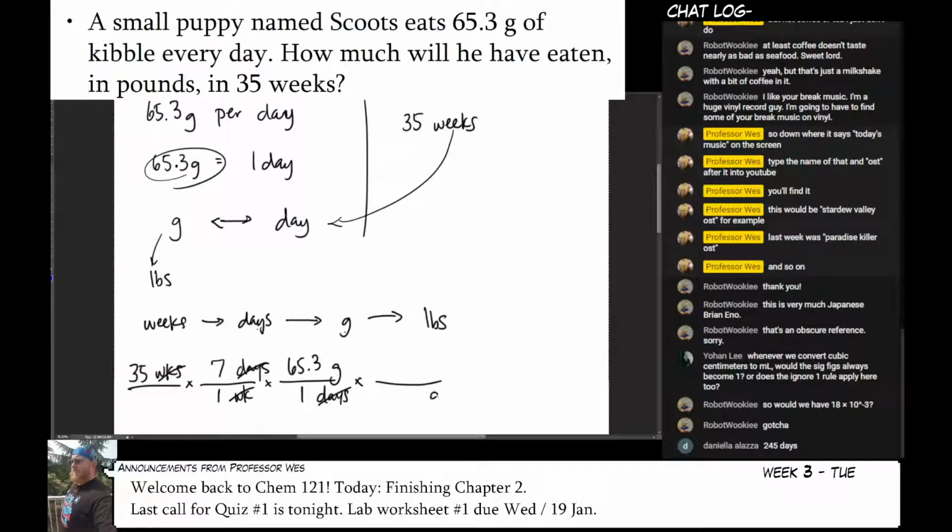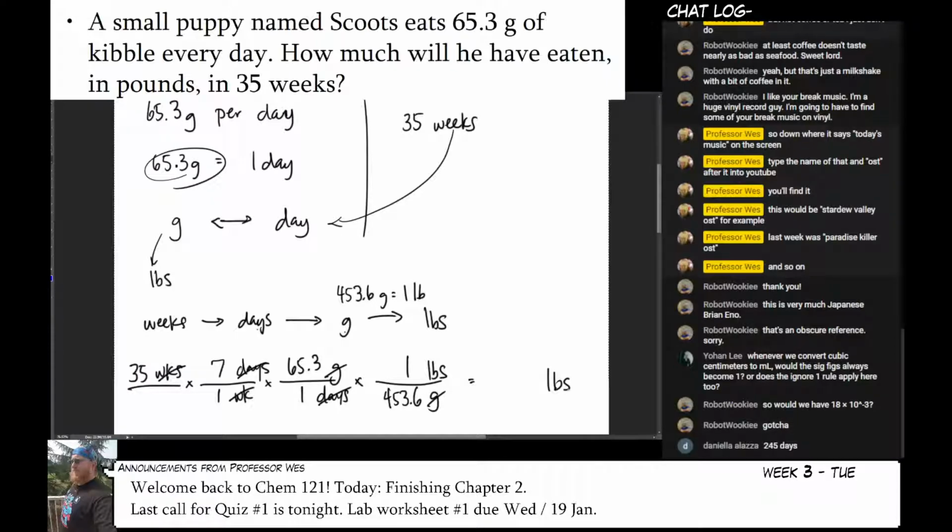And then finally, we'll turn grams into pounds. And that conversion's on Google. So if you look on Google, 1 pound is 453.6 grams. And there we go.